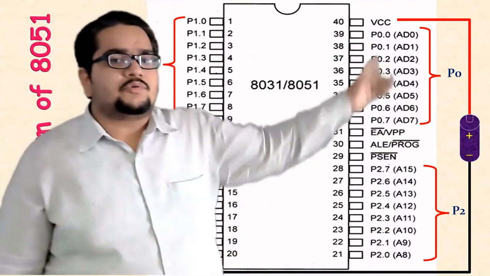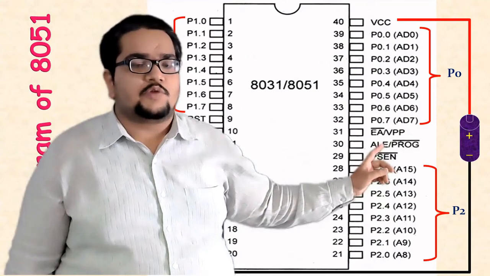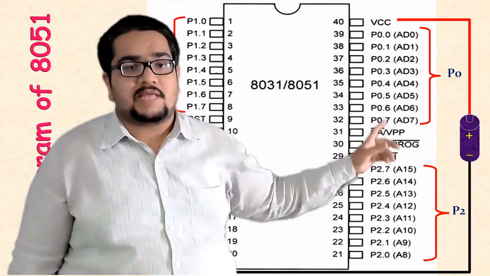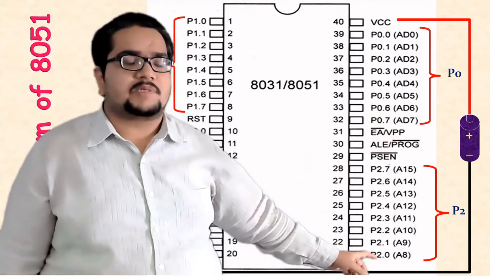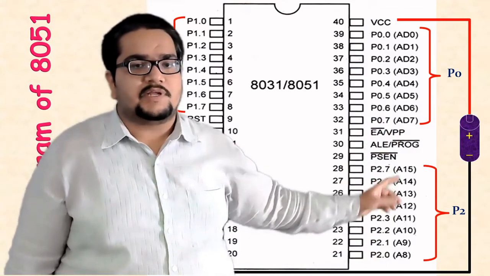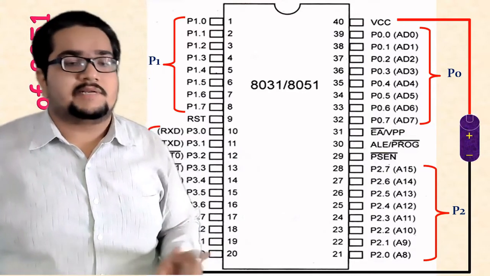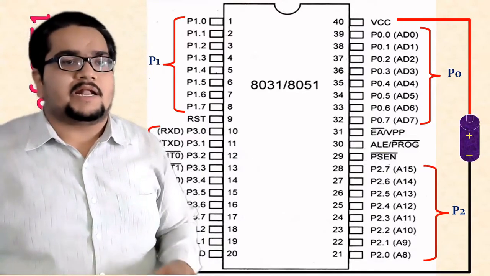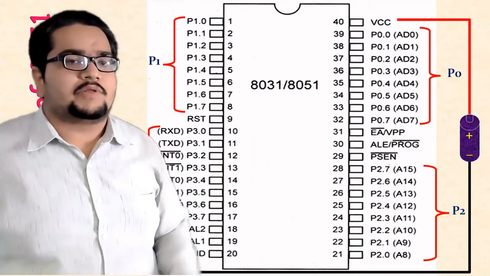So AD0 to AD7 are the 8-bit data bus of the 8051, and apart from that, they act as the lower 8 bits of the address bus. The upper 8 bits of the address bus are available here, A8 to A15. So a total of 16 bits, that is 2 bytes, of address bus and an 8-bit data bus are there in the 8051.